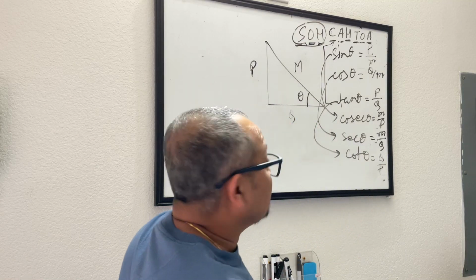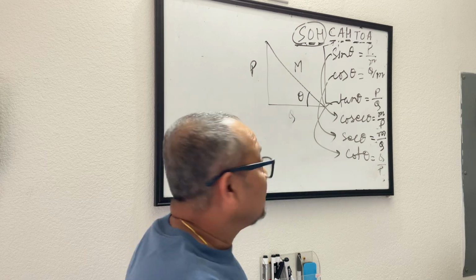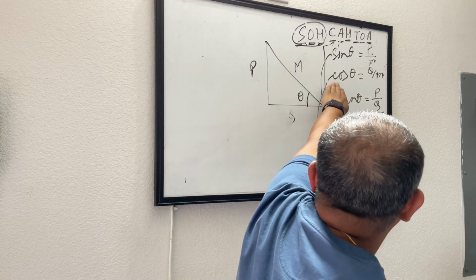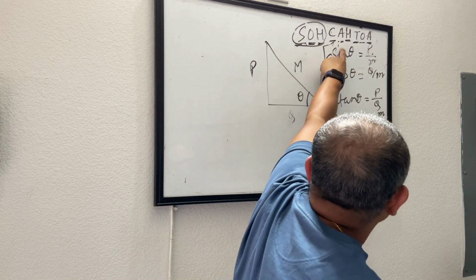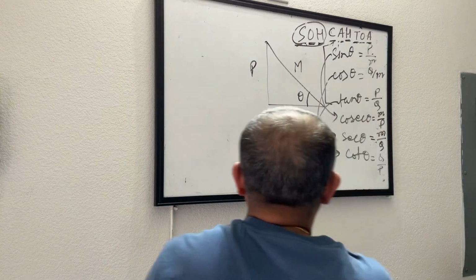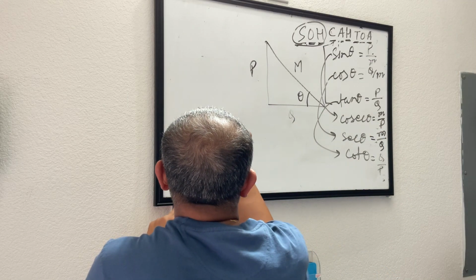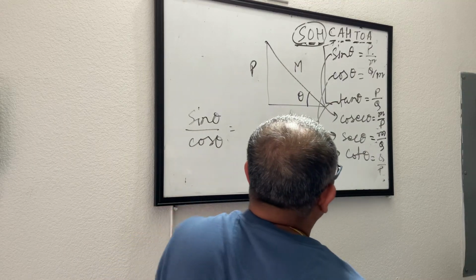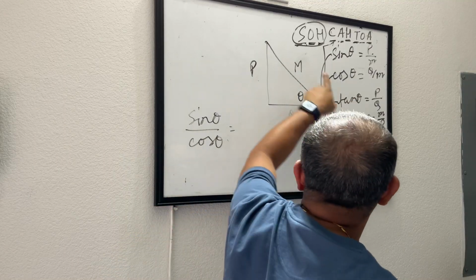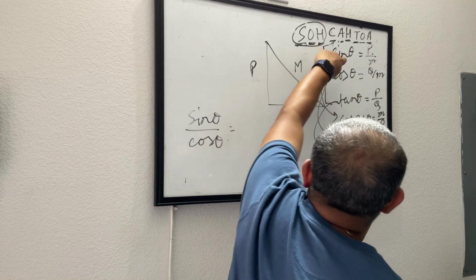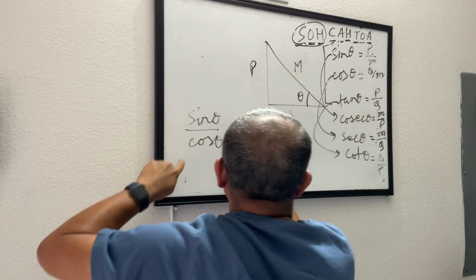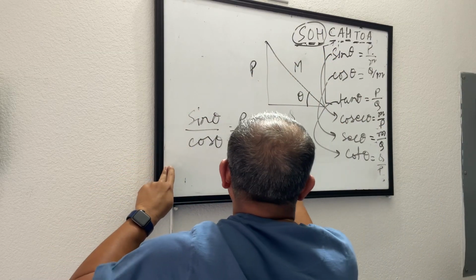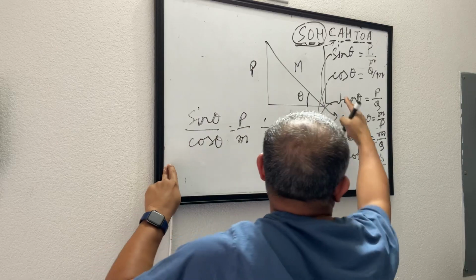There's another relationship that you would see from here: sine over cos is nothing but tan. Sine theta divided by cosine theta is equal to tan theta. And you don't have to memorize this. You can see it from here. What is your sine? Sine is P by M divided by cosine.